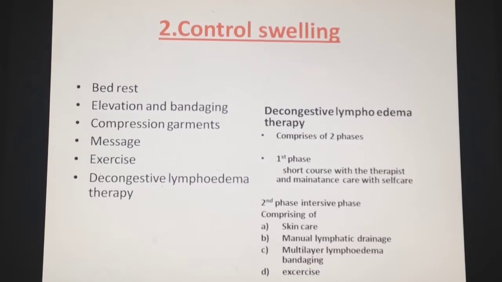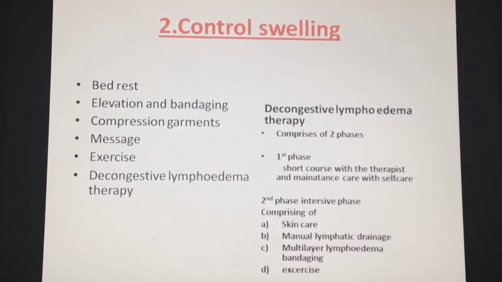Decongestive lymphoedema therapy comprises two phases. The first phase is a short course with the therapist and maintenance care by self-care. The second phase is an intensive phase and comprises skin care, manual lymphatic drainage, multiple lymphoedema bandaging, and exercise.